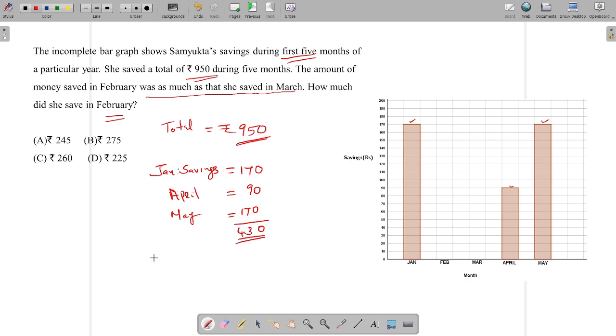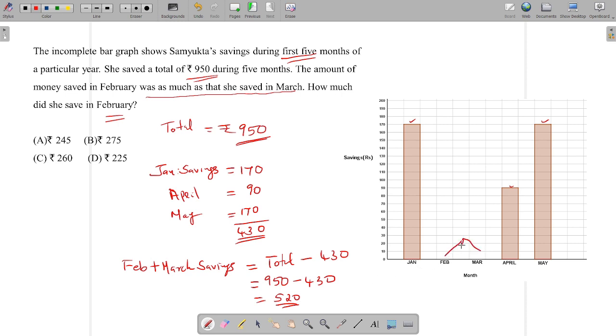Now, what about February and March? February plus March savings is equal to total minus 430, that is 950 minus 430, which is equal to 520. But the savings in February and March are equal.